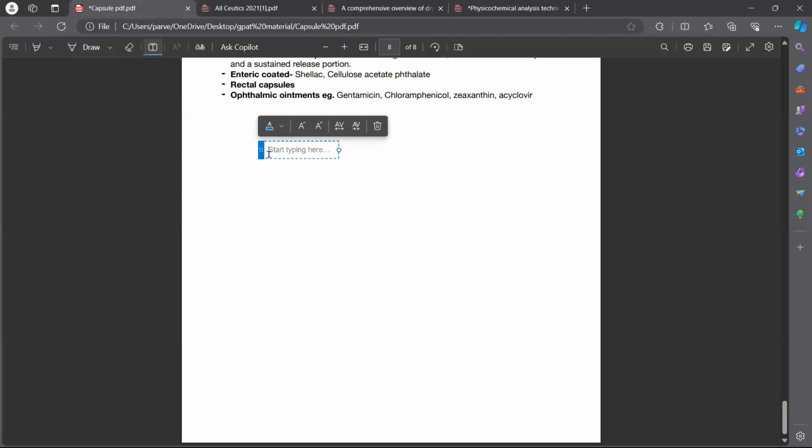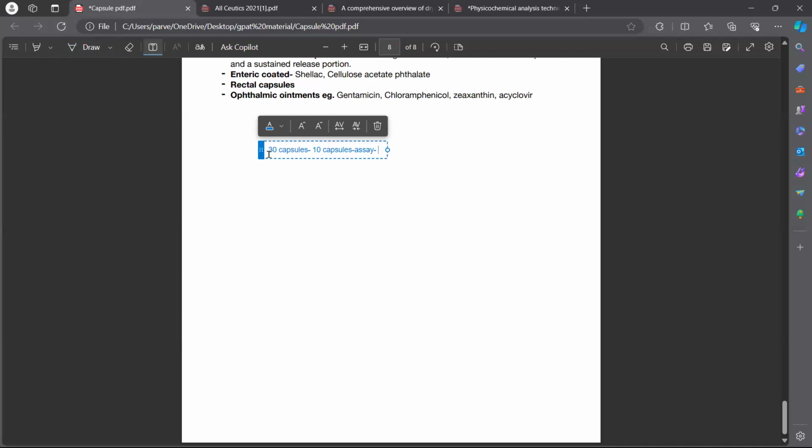So let me provide you the whole rationale. First, the 30 capsules are taken. From the 30 capsules, only 10 are taken for the study. 10 capsules taken from the 30 batch, and these 10 capsules are then performed for assay.